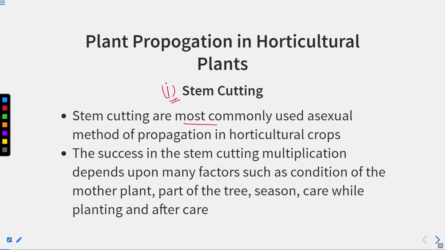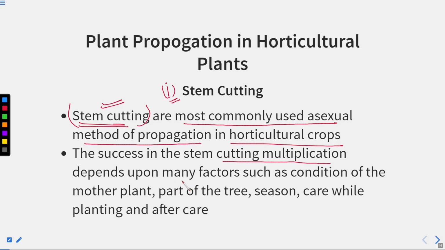Stem cuttings are the most commonly used asexual method of propagation in the horticultural crop. So this is one of the most common methods used for propagation in horticulture. What is that? Stem cutting. The success in the stem cutting multiplication depends upon many factors, such as the condition of the mother plant.